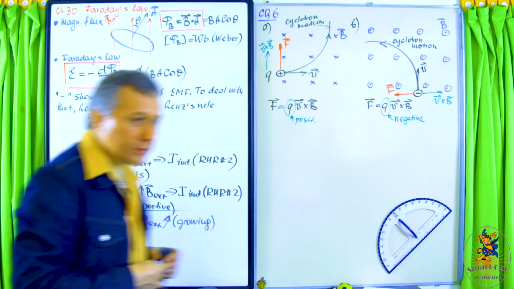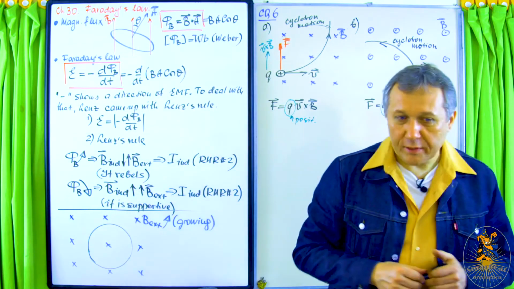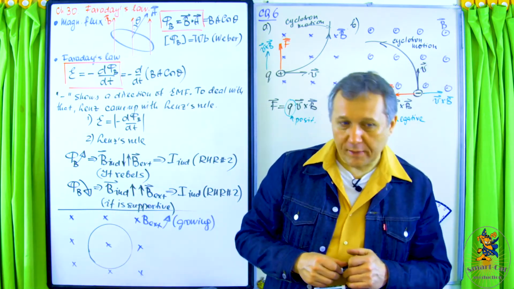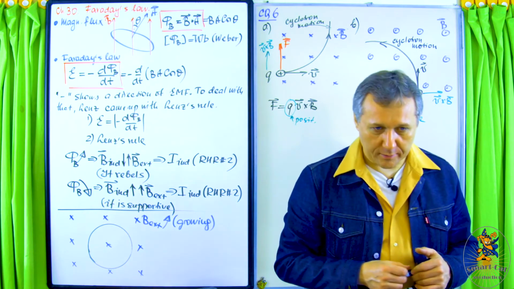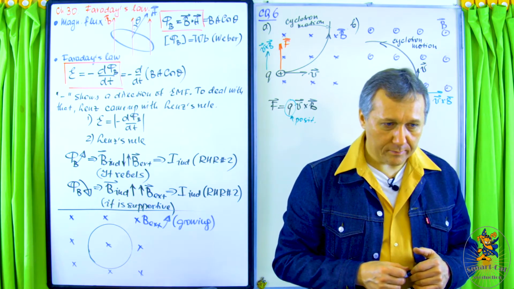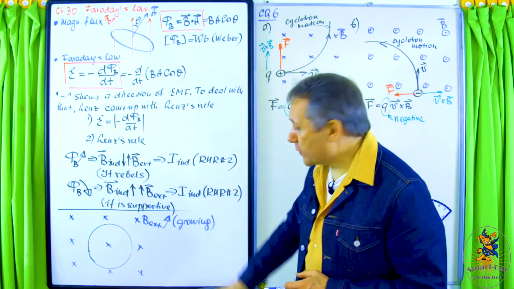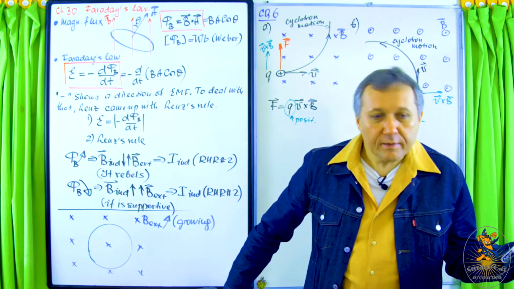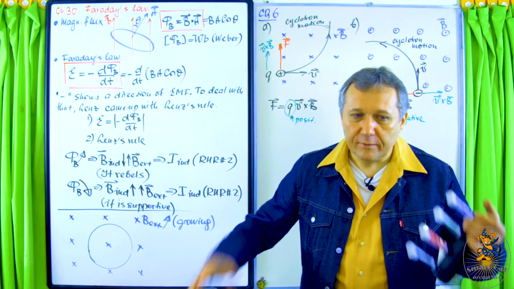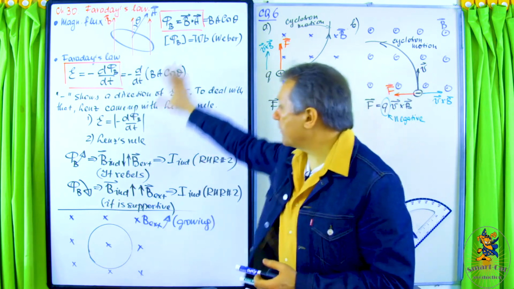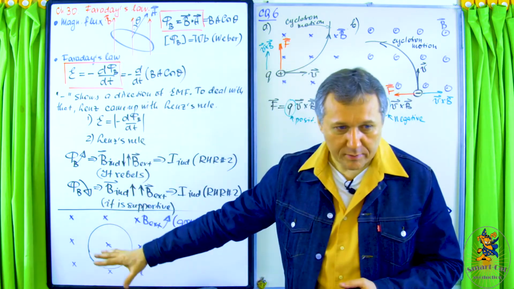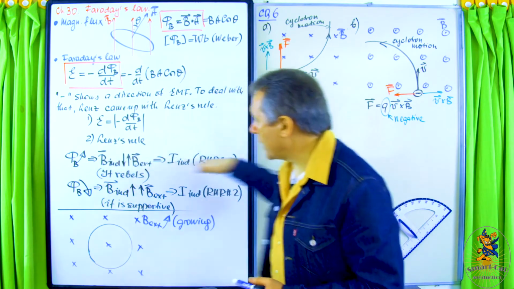And now, of course, we need to answer the question: are we going to see any induced current? And if yes, then what's the direction of the induced current? And of course, the induced EMF, right? First of all, we need to understand what happens with the magnetic flux. That's the first step. Again, if magnetic flux is constant, then nothing happens. If it's growing, then we have to apply this.